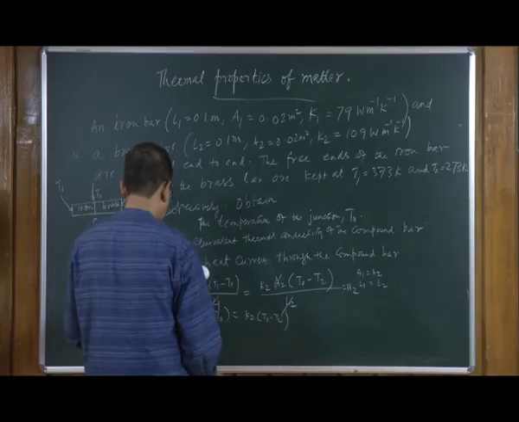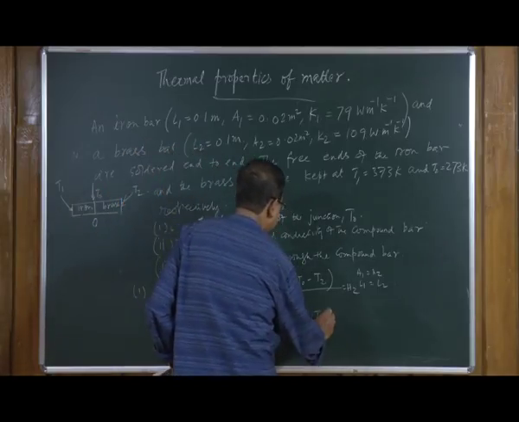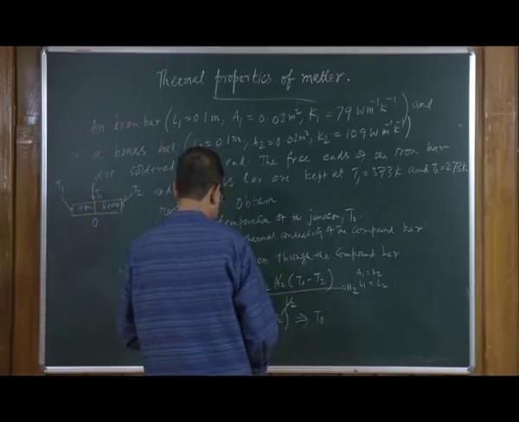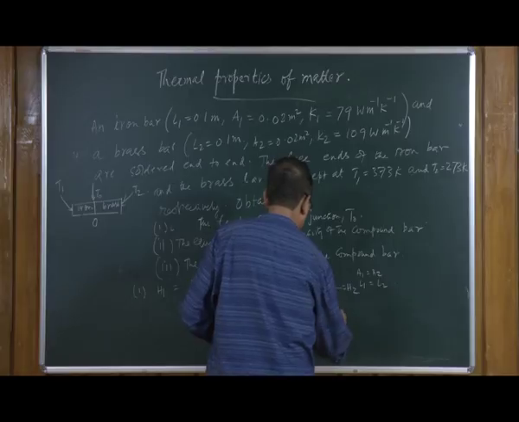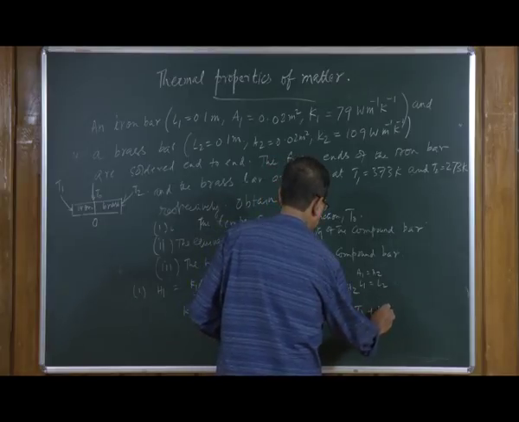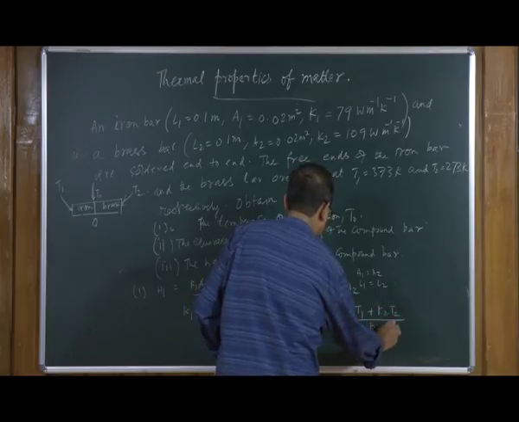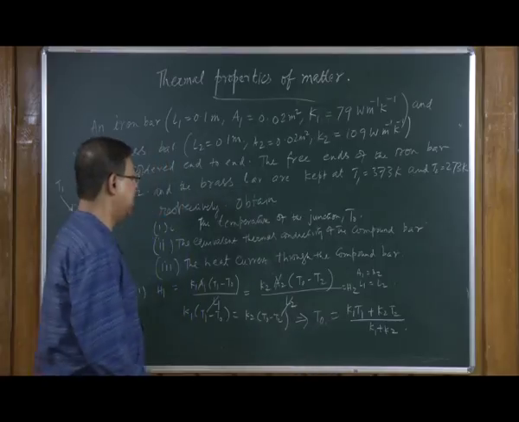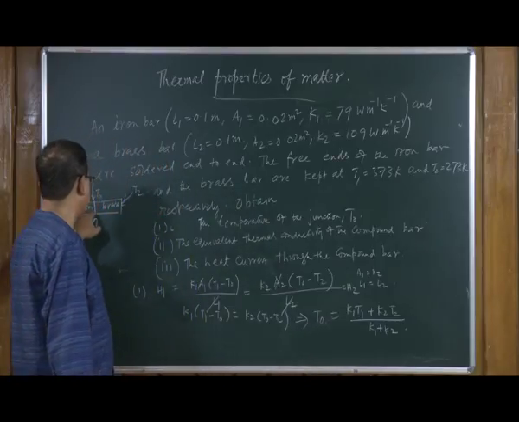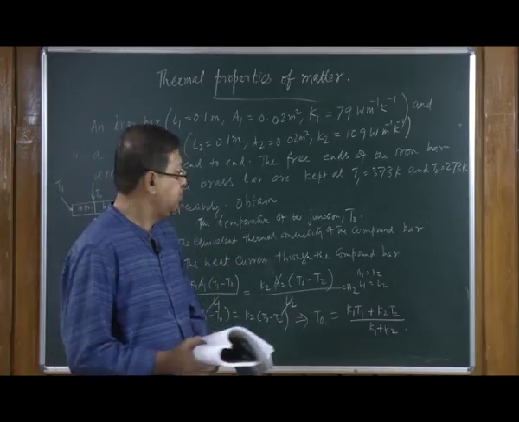One can easily solve this to get T0, which is the temperature at the junction. So, T0 equals (K1 T1 plus K2 T2) divided by (K1 plus K2). So, this is my temperature that at equilibrium will exist at the junction.